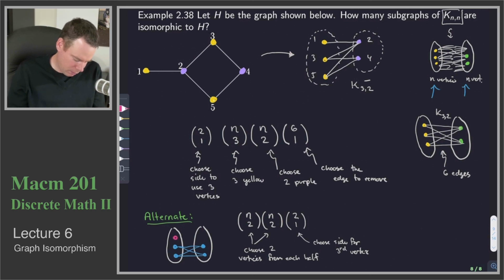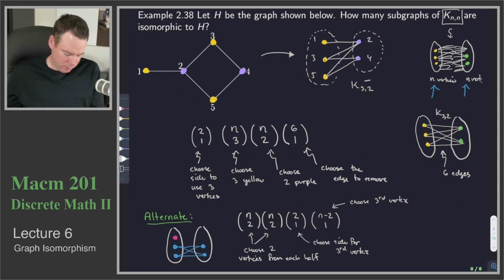And then I'm going to pick that 3rd vertex. So once I've chosen the side, of the remaining n minus 2 vertices on that side, we'll pick one of them. And that'll be our 3rd vertex on that side.